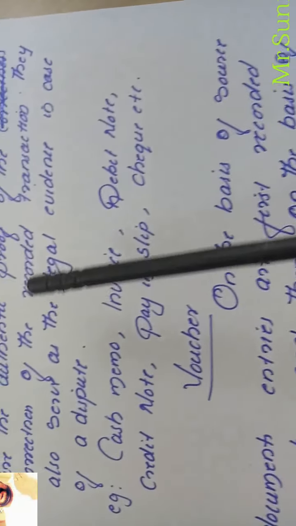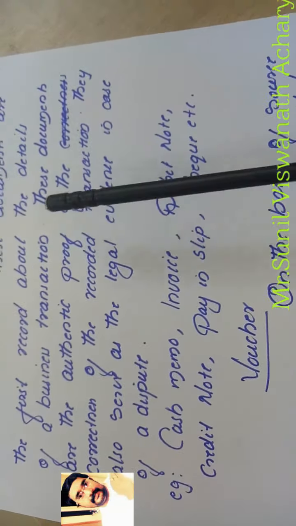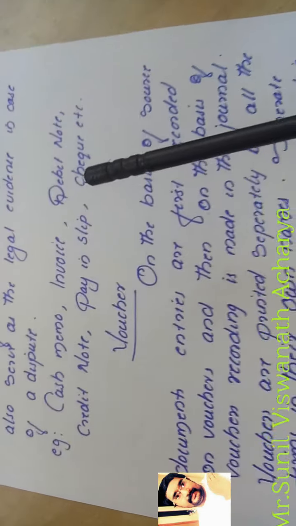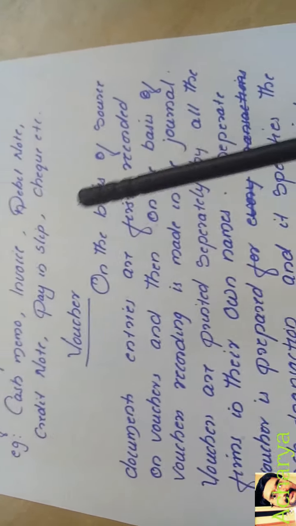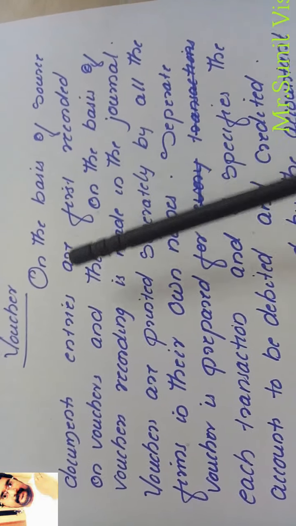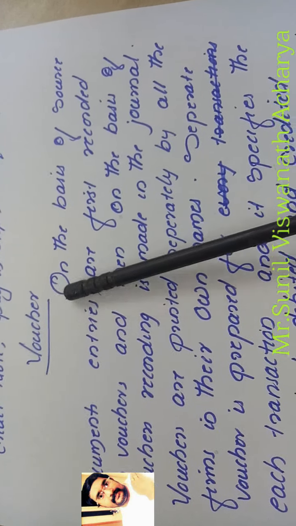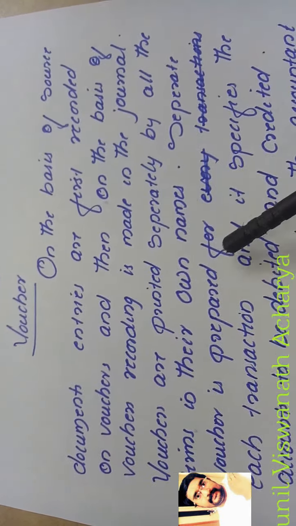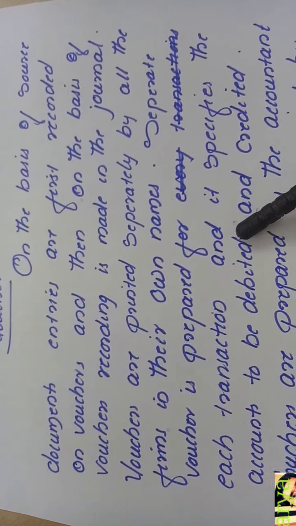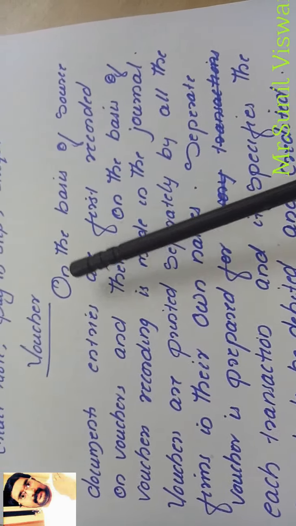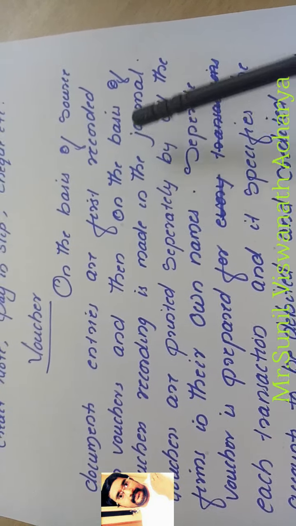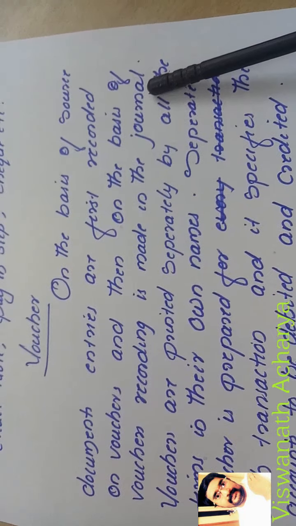So the first authentic proof is the source document. The accountant analyzes the source document and prepares a document, that is the voucher. In this, which account should be debited and which account should be credited is mentioned. Based on this voucher only, we record transactions in the journal.